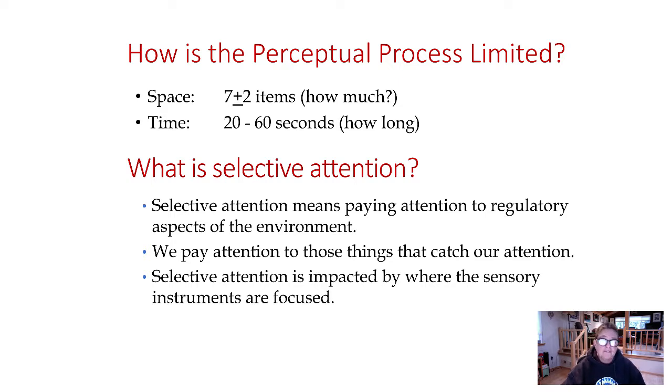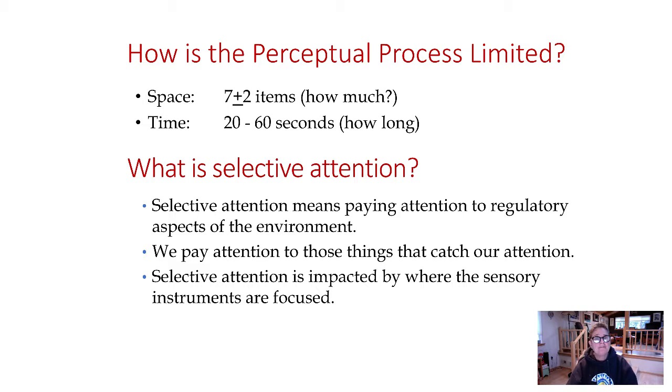Selective attention is a very important factor because without selective attention, we could become overwhelmed by all of the information that impacts us all the time in our environment. It's our ability to filter out information that helps us to stay sane.